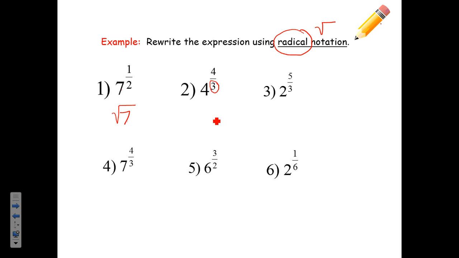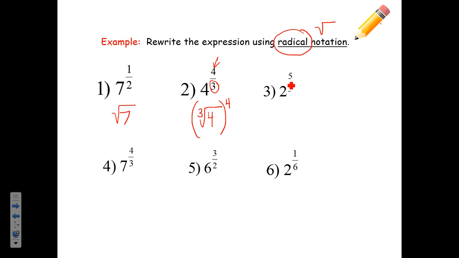So this would be 4, and that would be underneath a cube root, the third root of 4. And this tells me how many times I'm going to raise my power. Okay, so I'm raising it to the power of 4. Okay, so this would be the cube root of 4 to the 4th power.